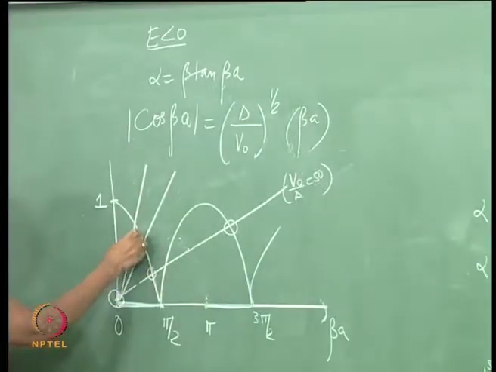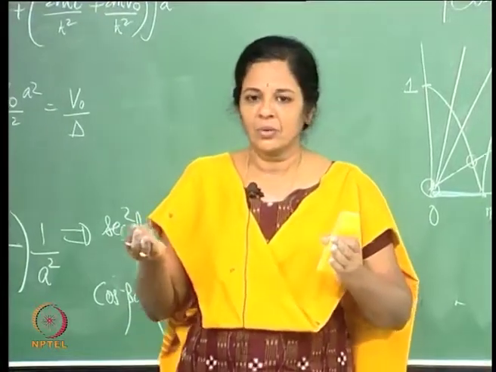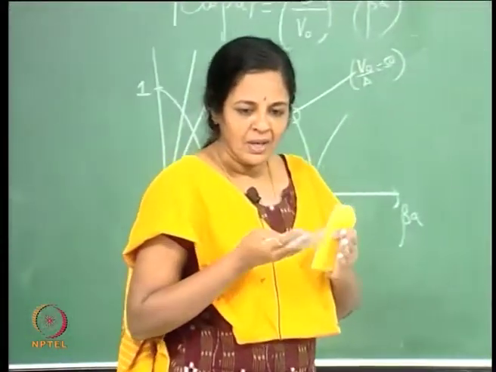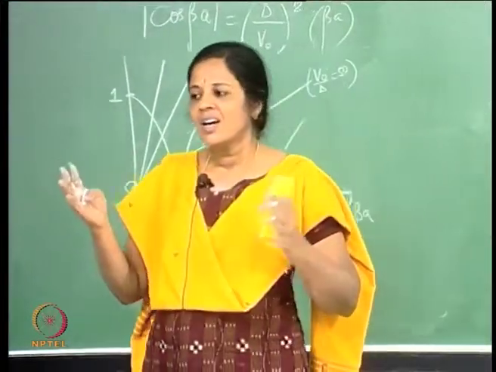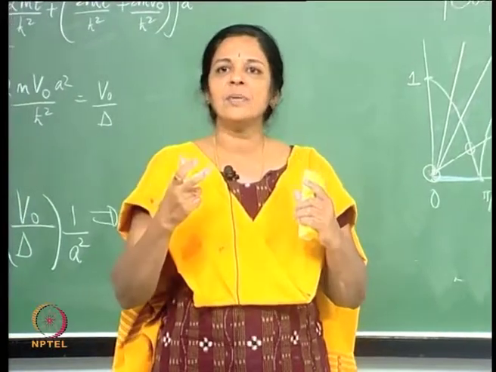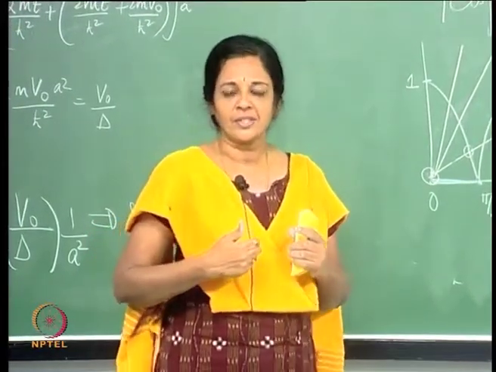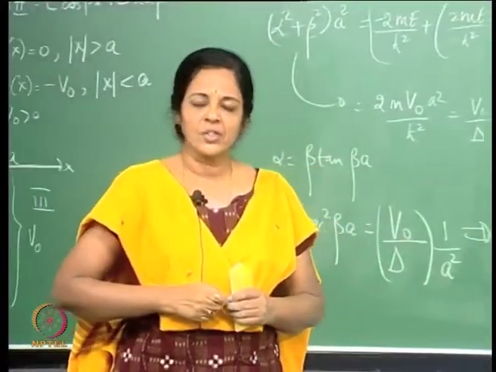This is an important point, because however shallow the well may be, in other words, even if the well were not deep enough to hold several bound states, you are guaranteed that there is one bound state available in the square well problem.